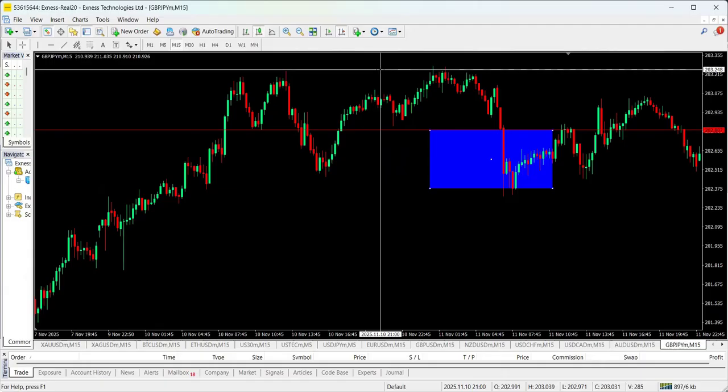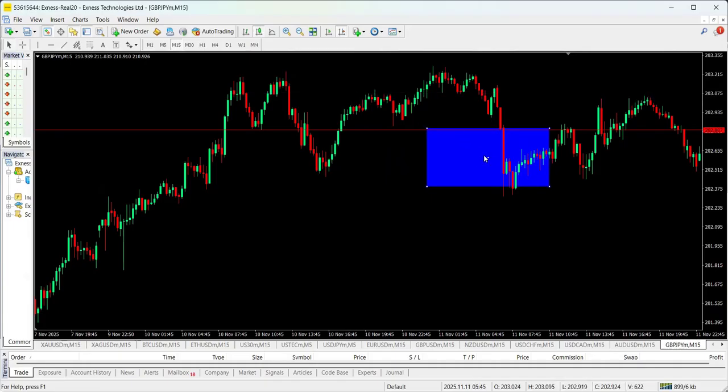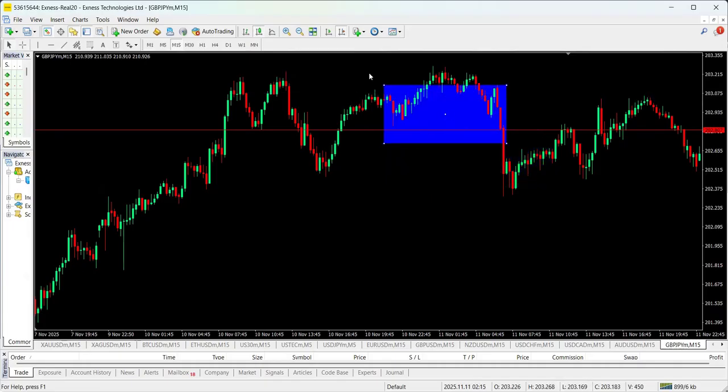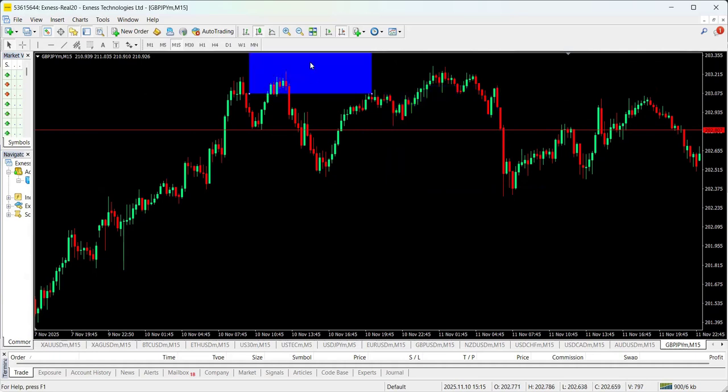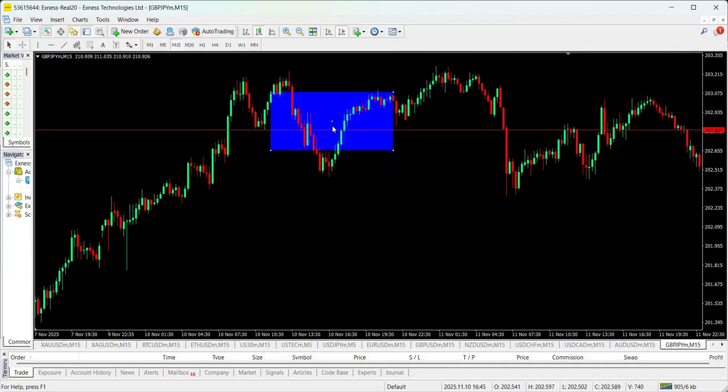So the best way is to use this square to measure from the top. Place it at the top and then place your stop loss at the top of that square. The only way it's going to fail is if all hell breaks loose. But at that point, you know that everything has been invalidated. Okay, you will be sure that it's no longer a fake out.